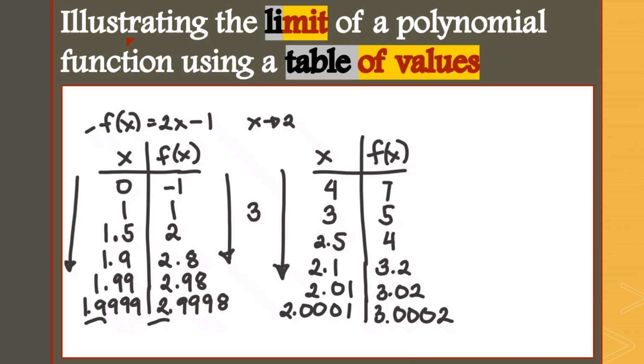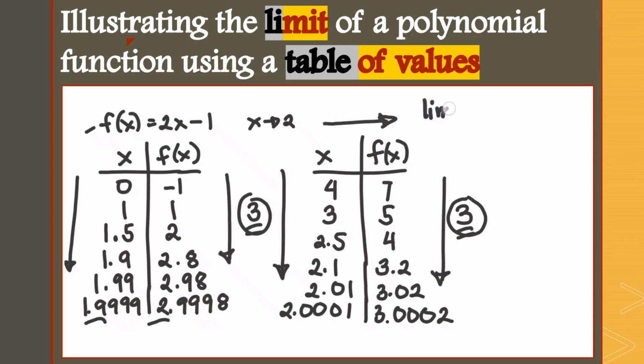With this and the 3 earlier as well, since the limit of the function from the left of 2 is equal to the limit of the function from the right of 2, which are both 3, we could say that the limit of the function as x approaches 2 is equal to the same value of 3.